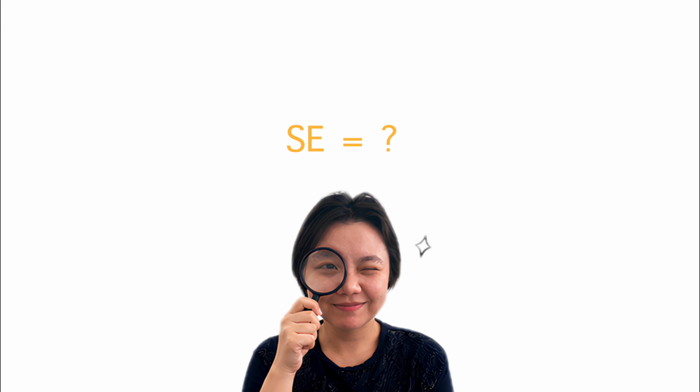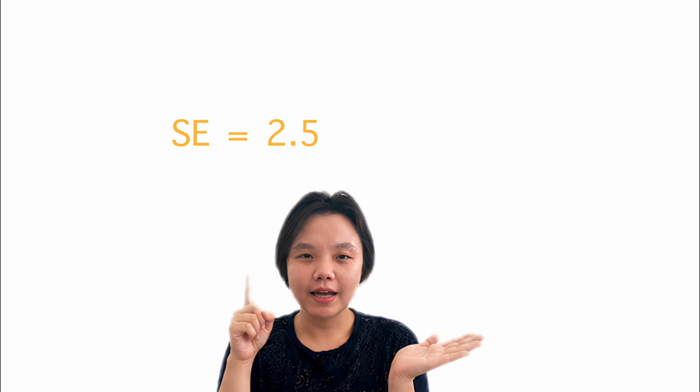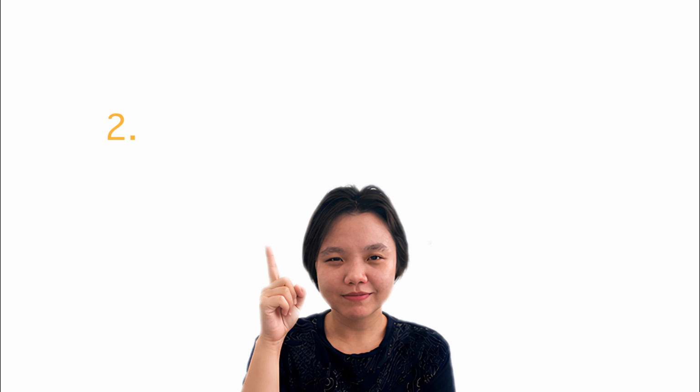Next, we calculate the standard error, which is the standard deviation divided by the square root of the sample size. So 2.5 divided by the square root of 150 gives approximately 0.204. Then we multiply by the Z value, 1.96, which gives us about 0.4.